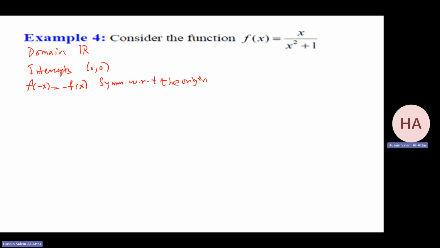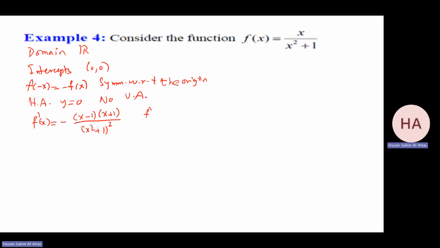Asymptotes, no asymptotes. Oh, we have horizontal asymptotes, yes. Y equals 0. No vertical asymptotes. Okay, we'll do f prime. If we do the calculations for f prime, you will get something like x minus 1, x plus 1 squared.